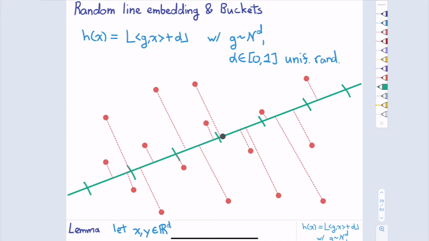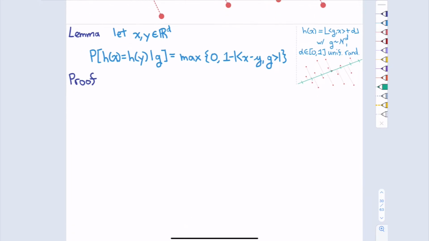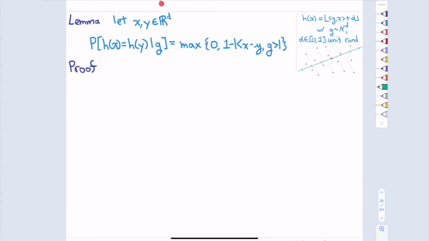Does that function make sense? Okay. All right. So this one is going to have a few more calculations compared to last time, but hopefully that'll be okay. Ultimately we want to try to figure out what are the odds of x and y colliding or not, as a function of their Euclidean distance.